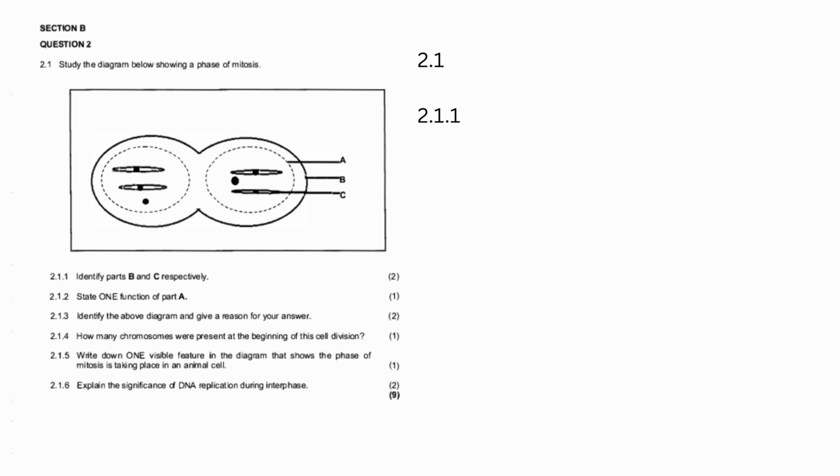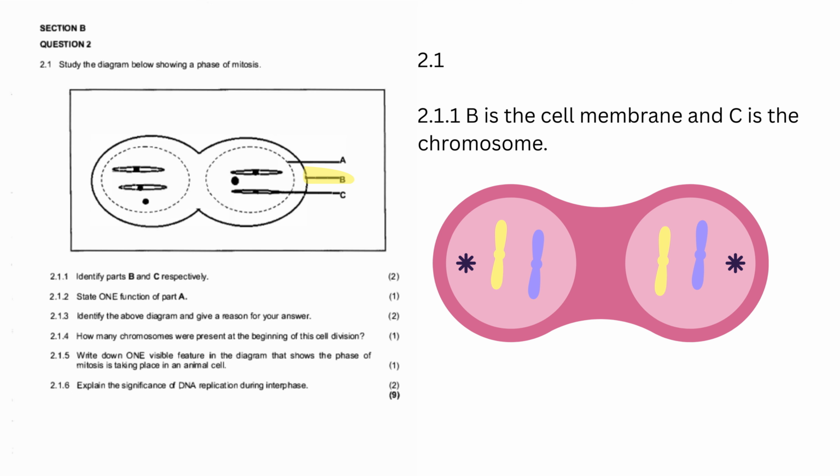Okay? The answer is part B is the cell membrane and part C is the chromosome. Why is that? Well, if you look at the pointer for B, it is touching the outer boundary of the cell.